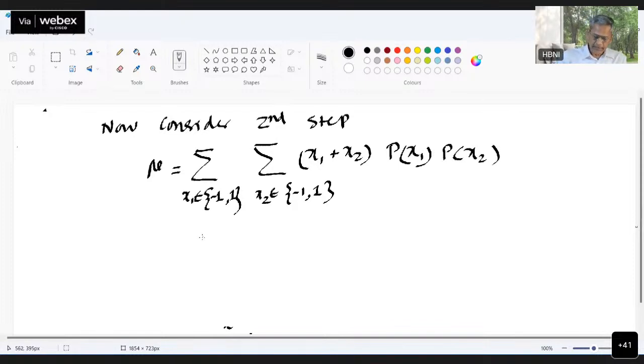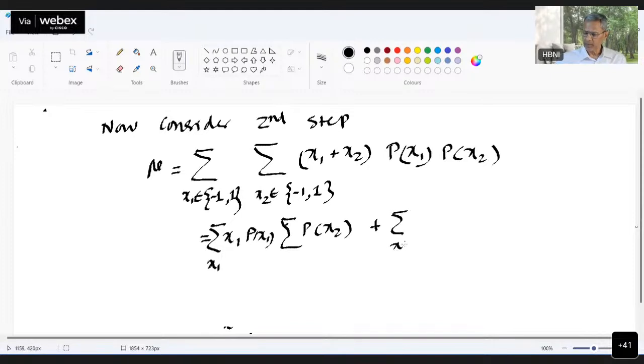So this you can write like this: summation x1 px1, and px2, plus similarly summation x1 px1, summation x2 px2.